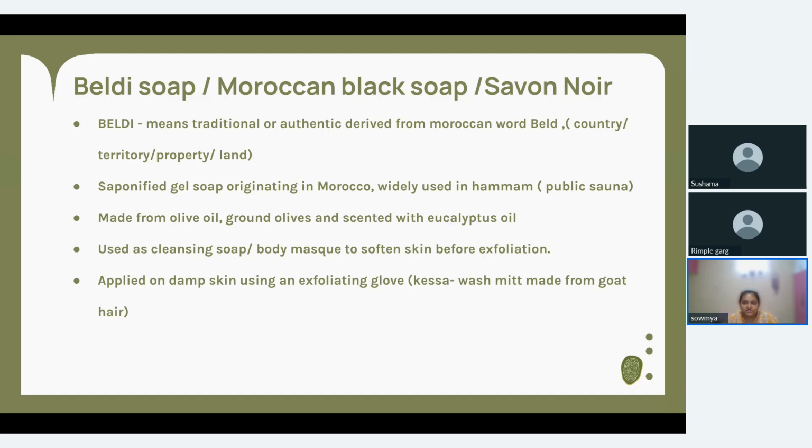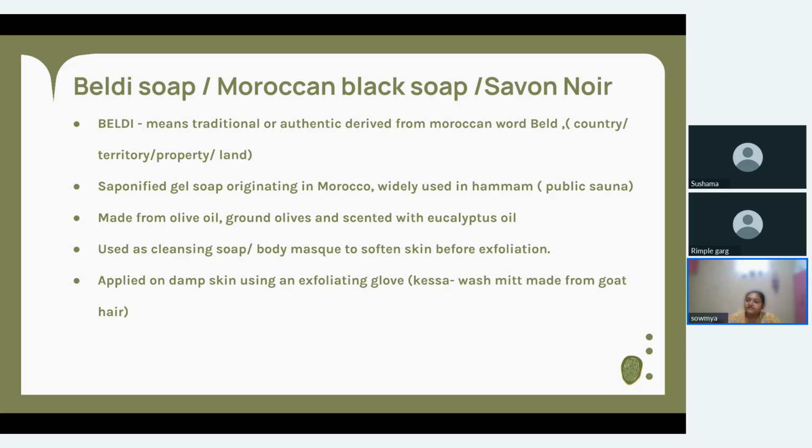Just like how when you do a facial, they do the steam facial for you and you're opening up your pores. In the same way in that sauna, with that high steam, your pores will get opened up. So once the pores are open, they have a special type of glove. It's called a kesa glove, and it is made from goat hair wool.